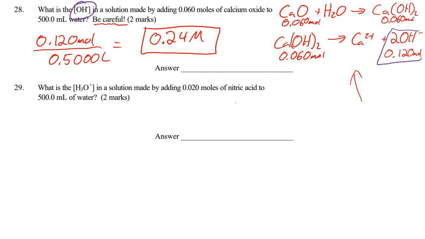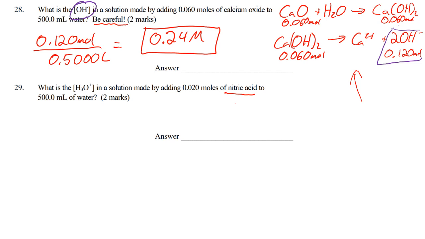Number 29, what is the concentration of H3O plus in a solution made by adding 0.02 moles of nitric acid to 500 mL of water? First off, nitric acid is strong. So 0.02 moles of nitric acid will be making 0.02 moles of hydronium.